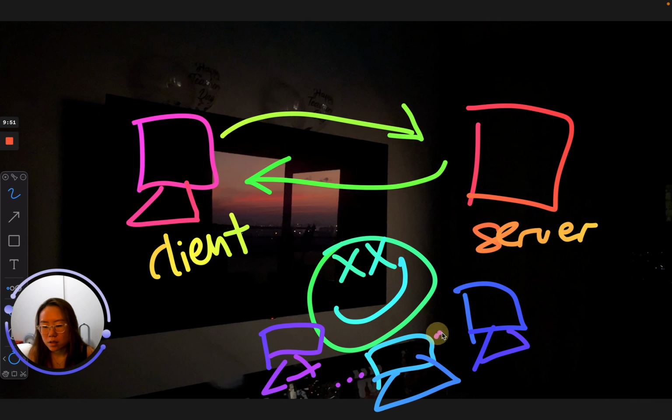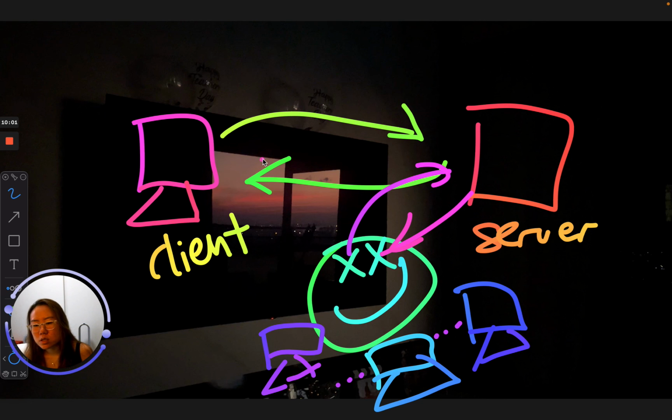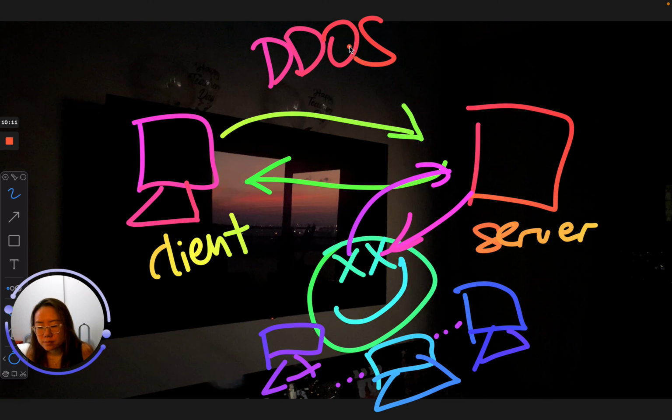Let's say, okay, and then these clients act like they're normal clients, and then they go to the server and they overload this server so much that you, the legitimate client, cannot ping the server and get the response back in an appropriate amount of time. So we call this a DDoS attack.